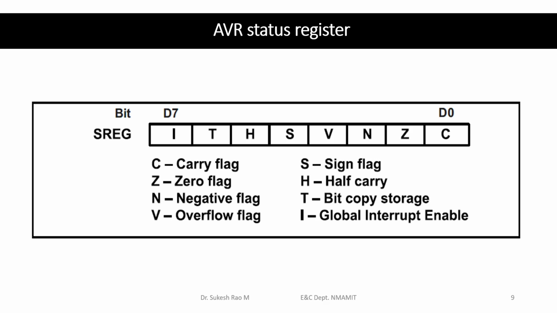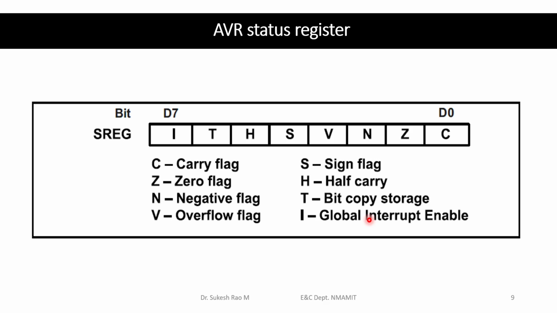As you can see here, there is a carry flag, a zero flag, a negative flag, and an overflow flag. There is a sign flag, half carry, bit copy, and global interrupt enable. So these are the bits that are available for us.